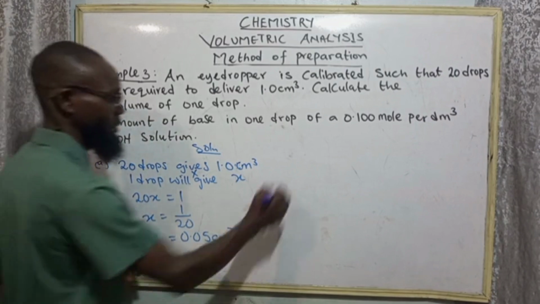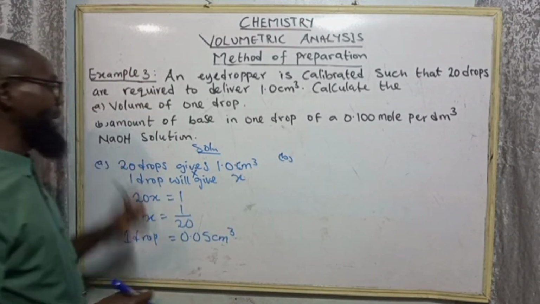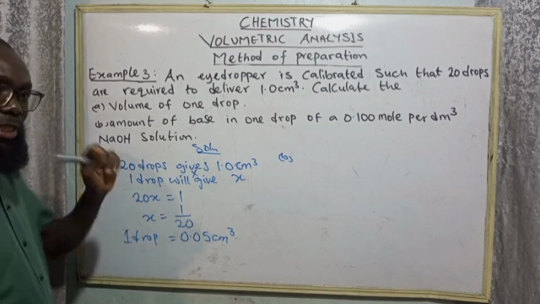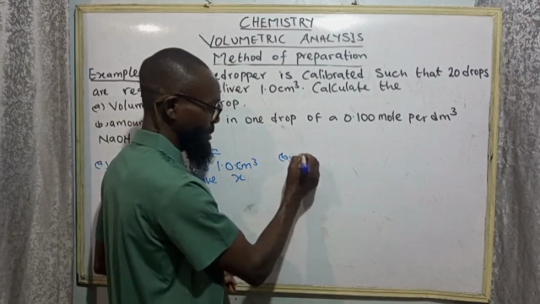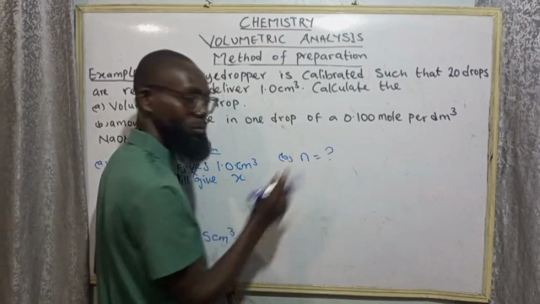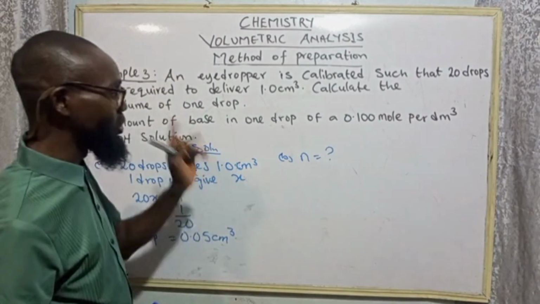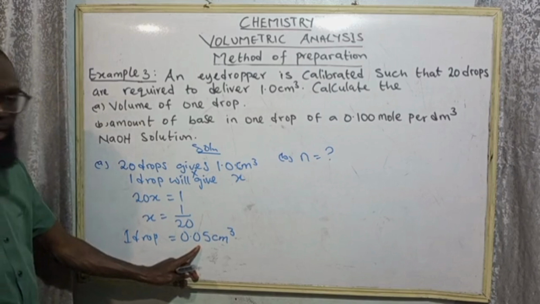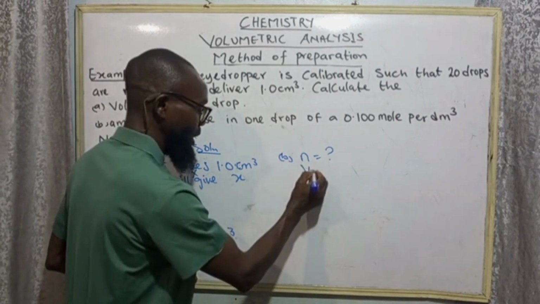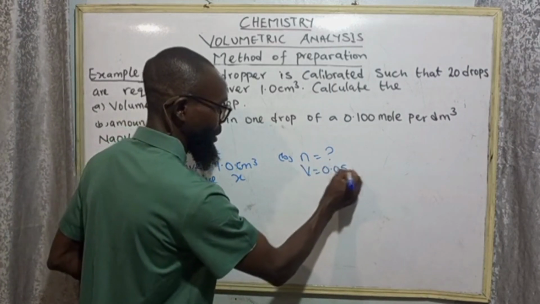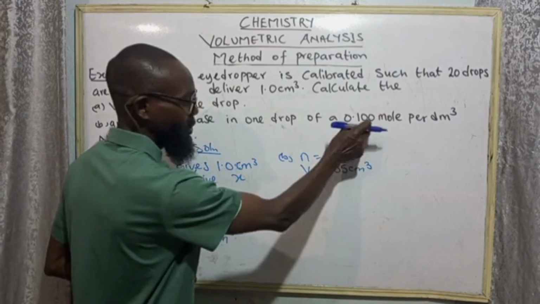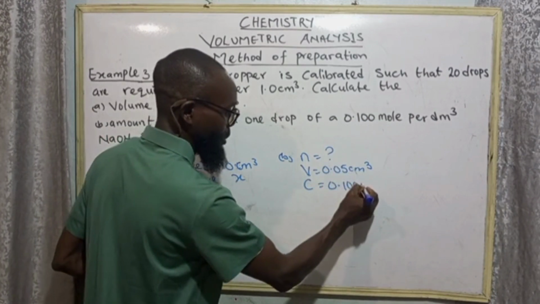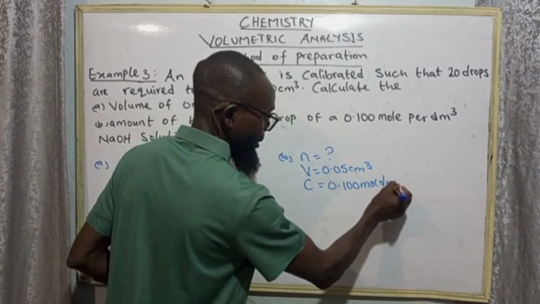The second question is the amount of base in 1 drop. The amount is n of that base, which is unknown, in 1 drop. And 1 drop has a volume of 0.05 cm³, when the concentration equals 0.100 mole per dm³.